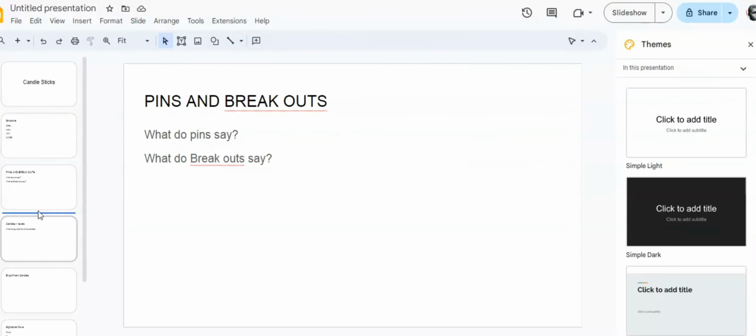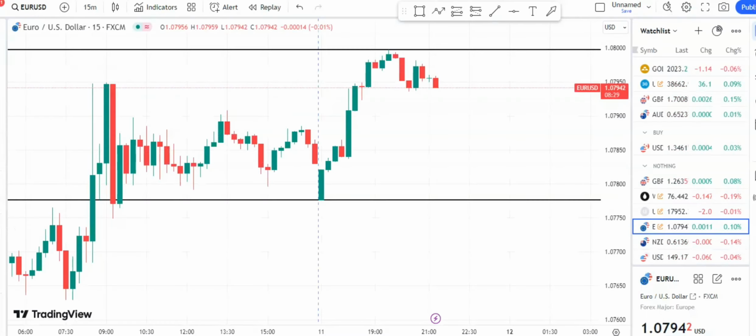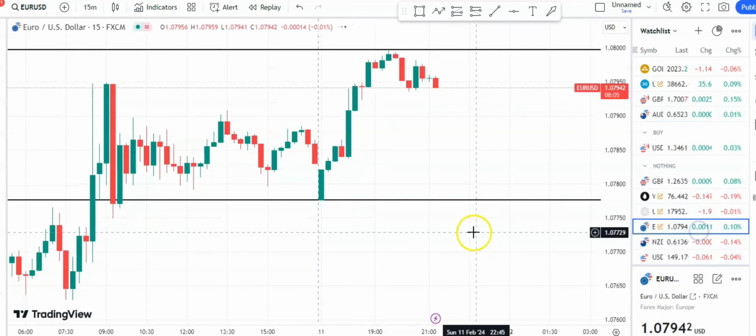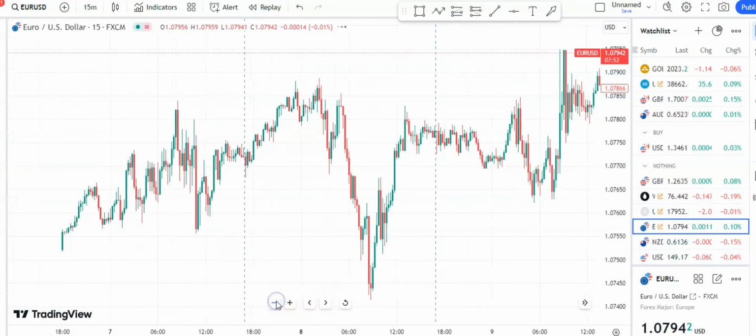we have two different types of candlesticks that I pay close attention to when we are either at the high or at the low. So let's look at what these two types of candles are. If we look at the Euro USD, let's break down Friday.